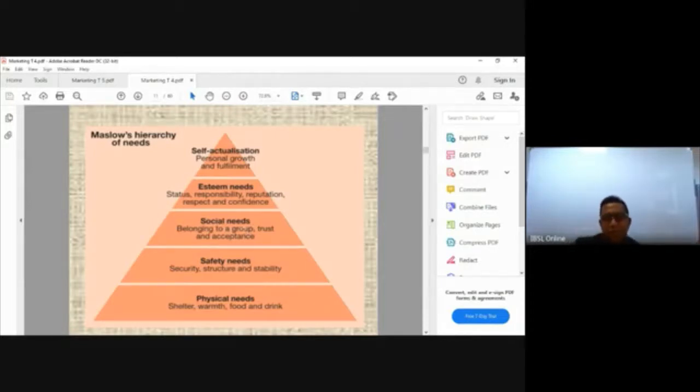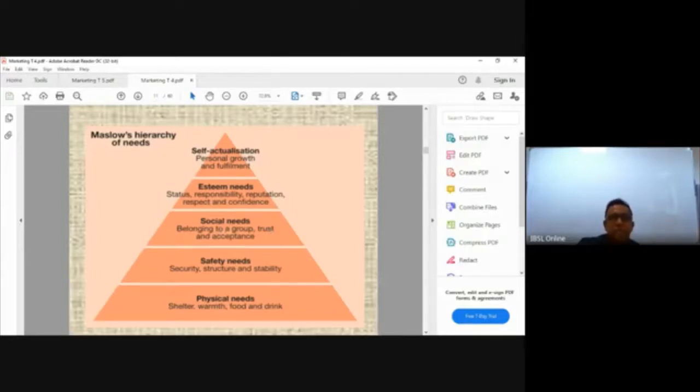What are the social needs? Belonging to a group, trust and acceptance. This is the time people look for love and belongingness, the associations. Even if you remember your early life, once you are getting permanent in your job, you are looking at love and affection, and you want to be in groups, and you want to be accepted by the others, and so on.